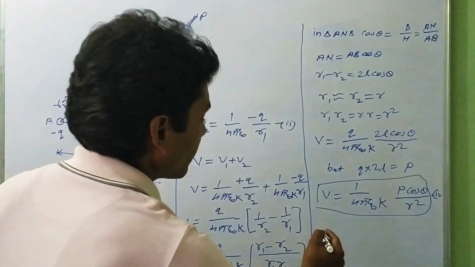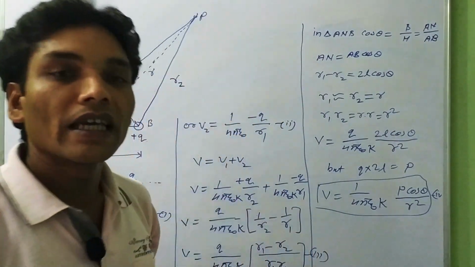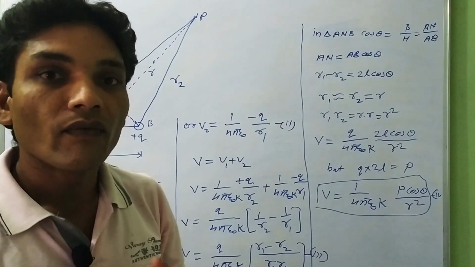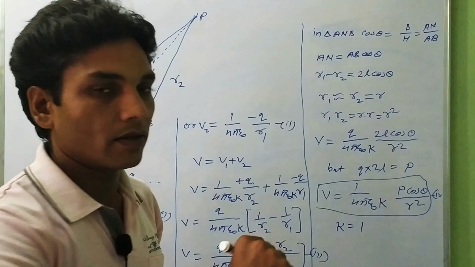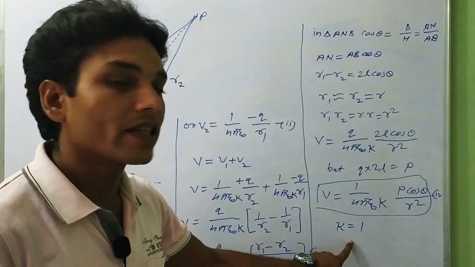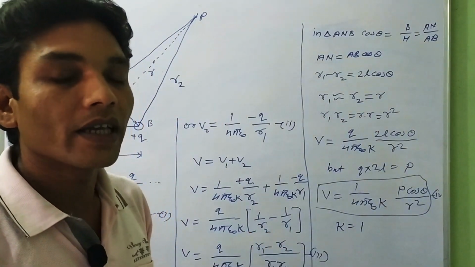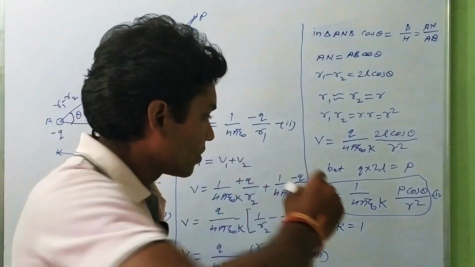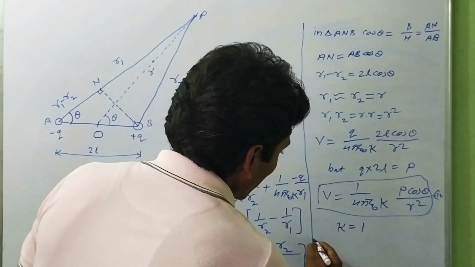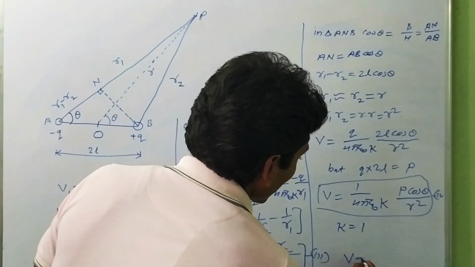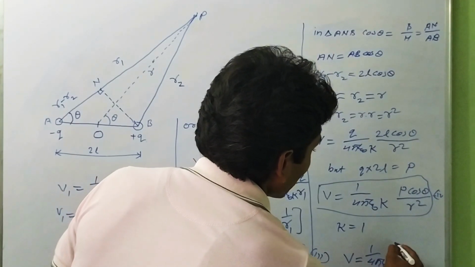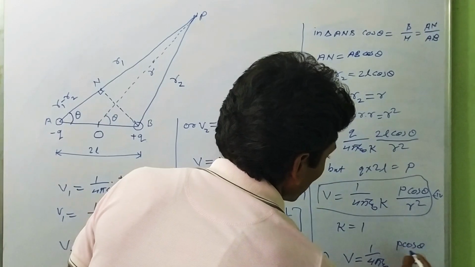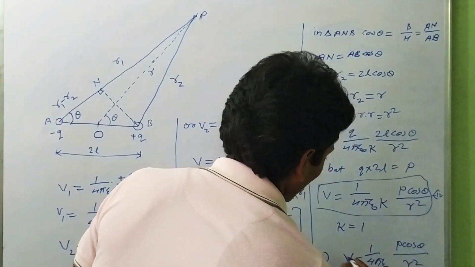Okay. Now in air or in vacuum, K is equal to 1. This dielectric constant is equal to 1 for air or vacuum. So this equation will become V equals 1 upon 4 pi epsilon naught, P cos theta upon R square.